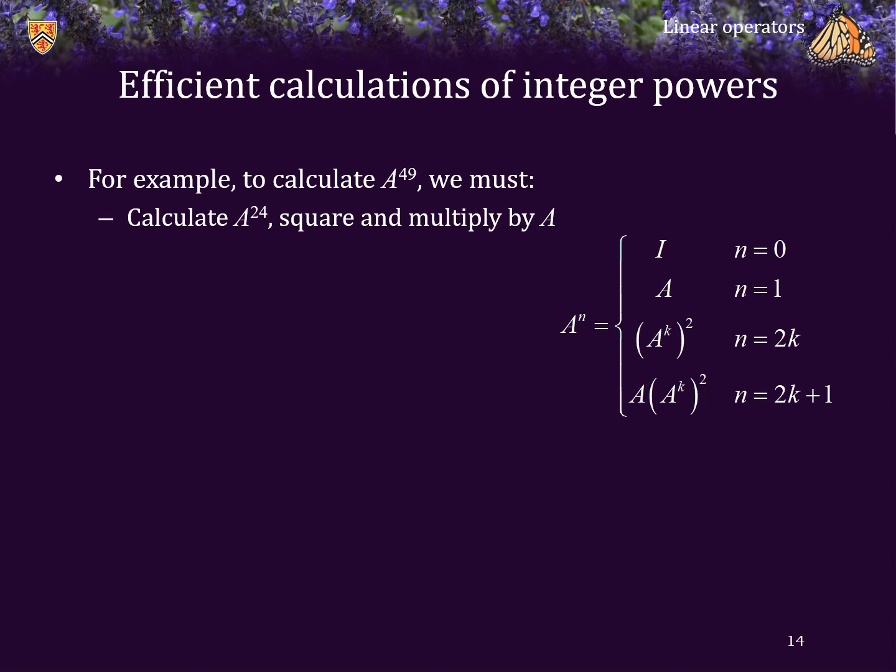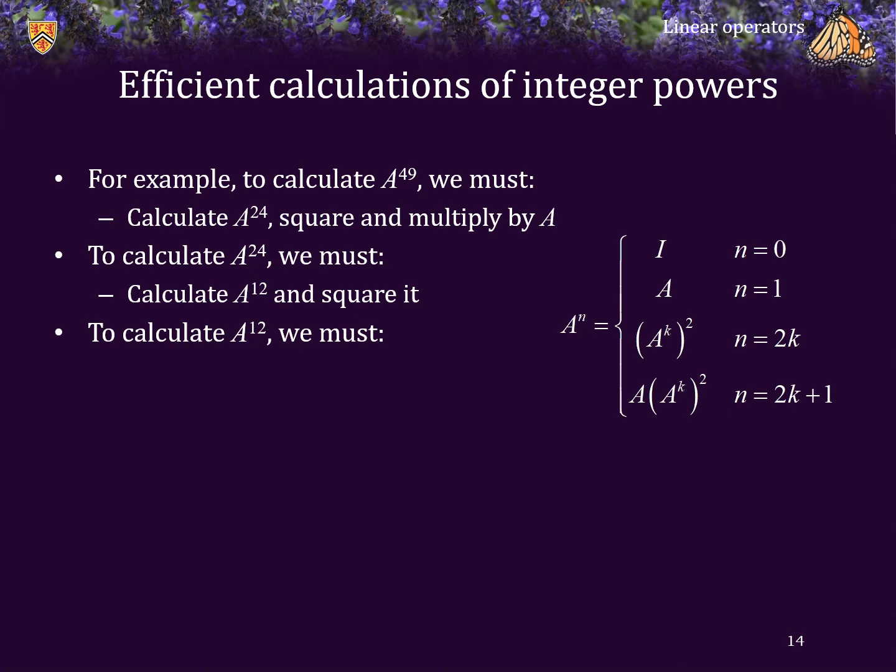But wait a second, what do we need to get A to the 24? To calculate A to the 24, we must calculate A to the 12, and whatever that evaluates to, if we square it, we will get A to the 24. Okay, how do we get A to the 12? Well, we must calculate A to the 6 and square it.